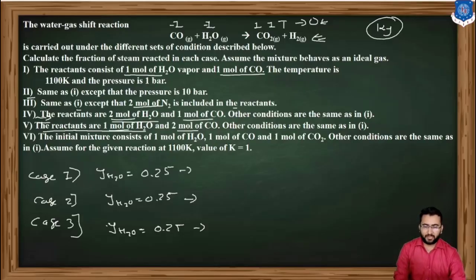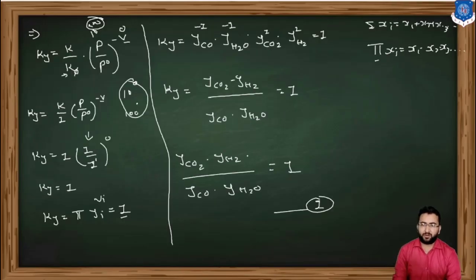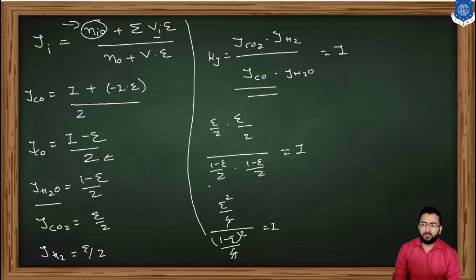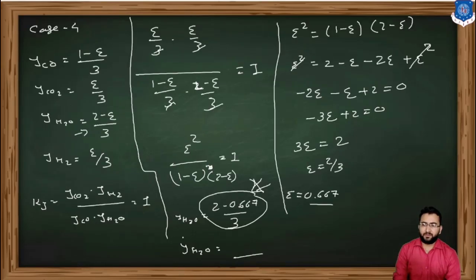Again we calculate this, and the expression will be interchanged, but there will be no change in the final answer because H2O and CO are both reactants. So we will get the same answer of 0.667 for epsilon.